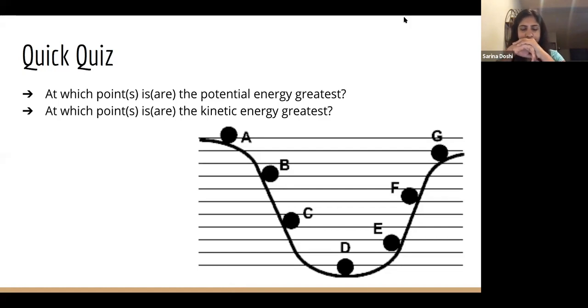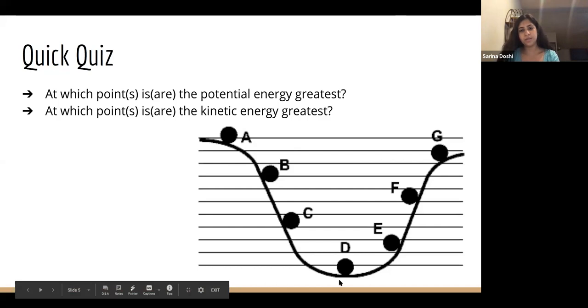Anybody? Point D would have the greatest kinetic energy because that's where the ball is rolling the fastest. As it travels down the slope, it's picking up speed, and as it goes back up, it's losing speed. Therefore, the point with the greatest amount of speed would be at the very bottom.